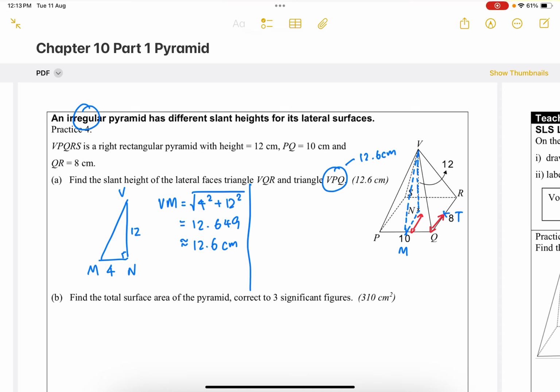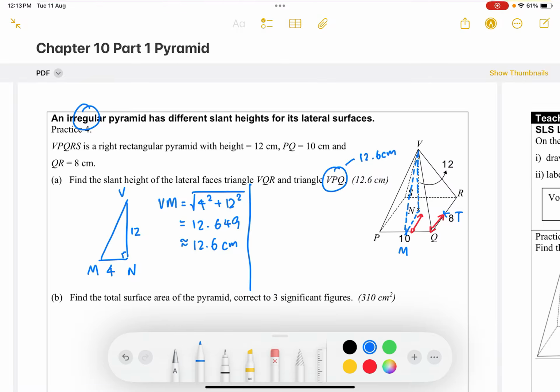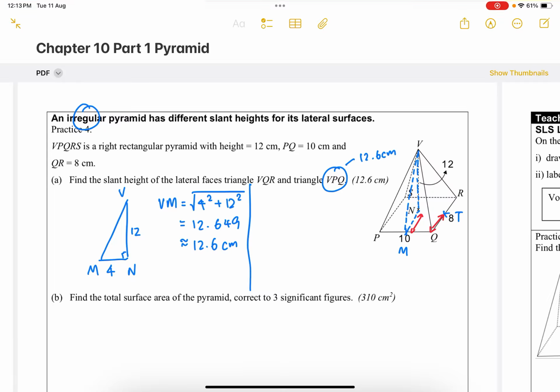So let me just use a different color. This time, our triangle is here. I find it is a little easier to see. Extract out the triangle. V on top, N is still right in the middle, and we created a point T over here for our convenience. Perpendicular height is still 12. Now we require NT.